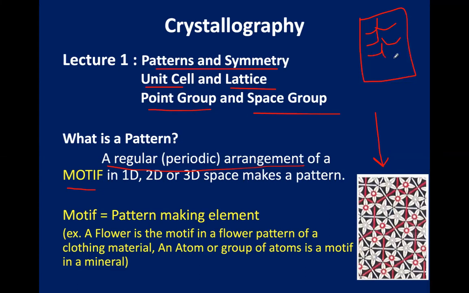This pattern is what should be observed in a crystal. For example, in a crystal, you can find this type of pattern. Even for example this flower is repeating as a unit in this clothing pattern.